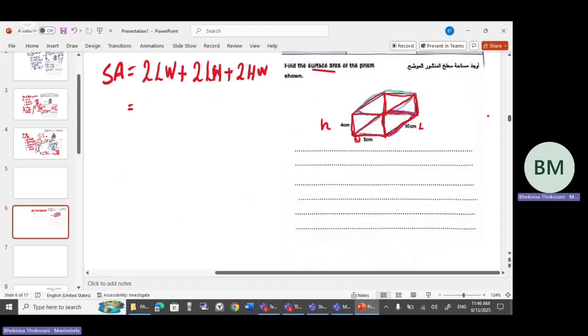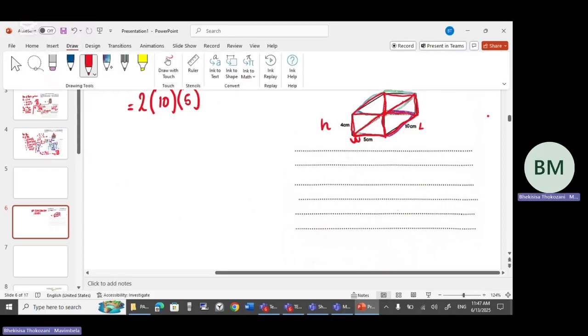Let's try now to fit in all of these things here. So we have twice. So twice my length is 10 here, right? And my W is 5. Okay. I want this to be clear.